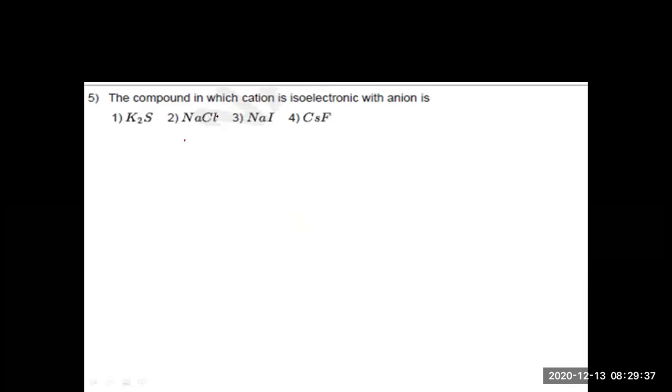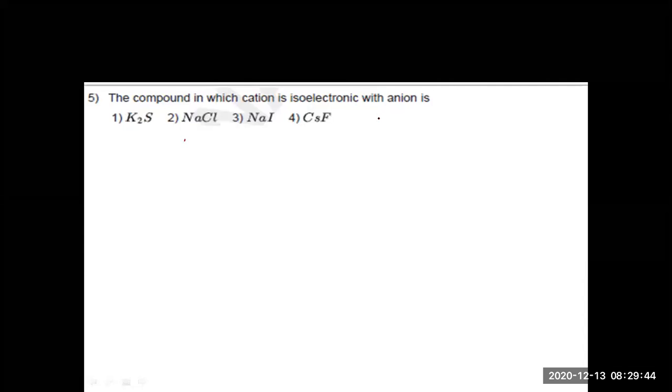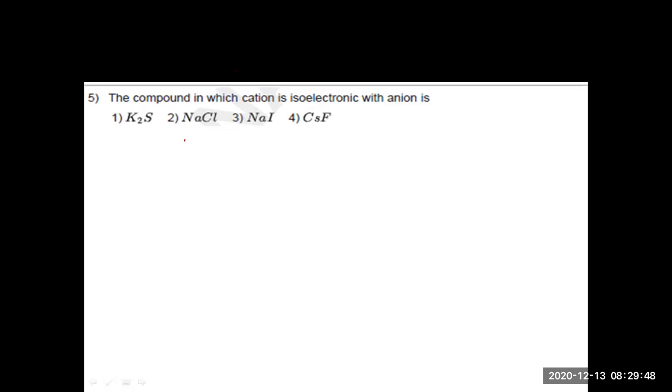Fifth one. The compound in which cation is isoelectronic with anion. What do you mean by isoelectronic? Having the same number of electrons. Come on. Cation is isoelectronic with anion.